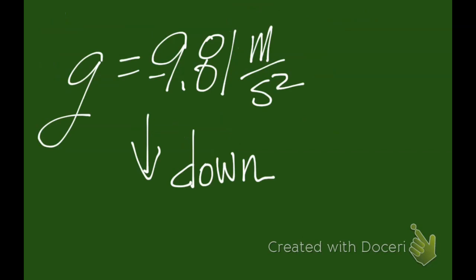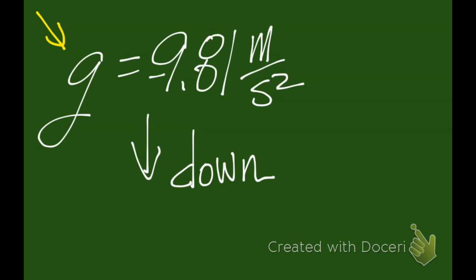Gravity is also an acceleration, and normally we use the lowercase g to represent acceleration due to gravity. It's usually represented with a negative 9.81 meters per second squared because it is normally going down. It has a direction. It's a vector quantity.